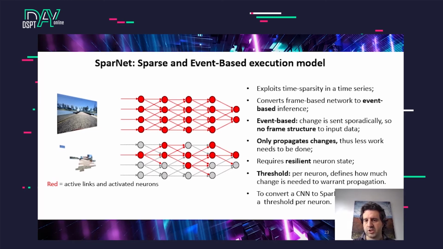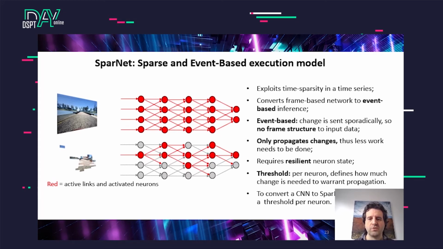The conversion is mostly automatic. We only propagate the changes, so we have a lot less work to do than with the original image. We require resilient neuron states. That's one of the costs. We have to keep the state of all the neurons in the system so that we don't need to recompute it. And you have to provide us one thing, which is a threshold, a minimum amount of change for each one of the neurons in the network that warrants the propagation of change.